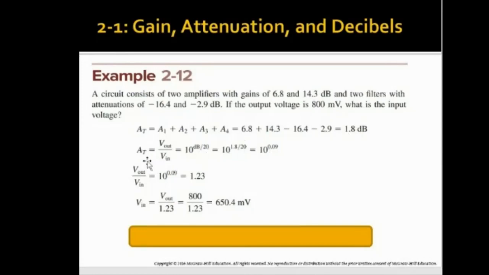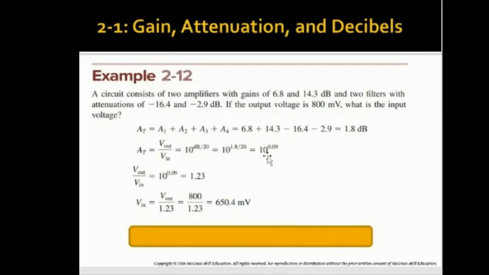So then we know the gain is equal to V out over V in. If we want to write in decibel form, V out over V in is 10 raised to decibel over 20 for the voltage. So then we have 1.8, our gain, divided by 20.